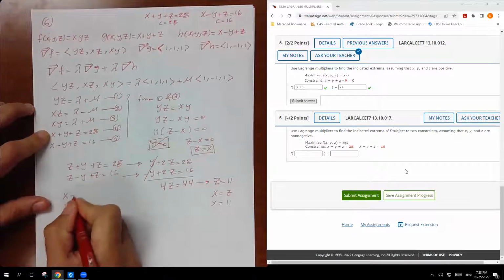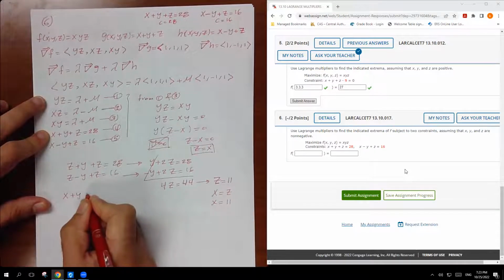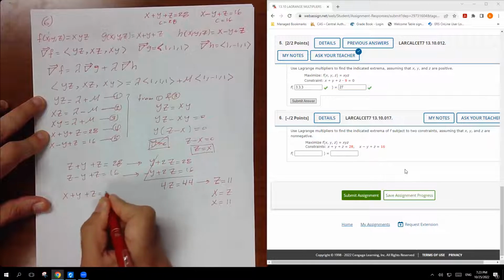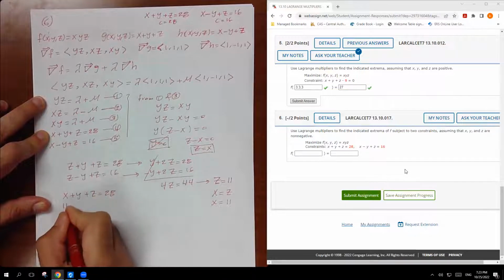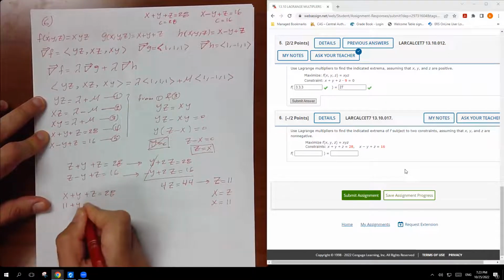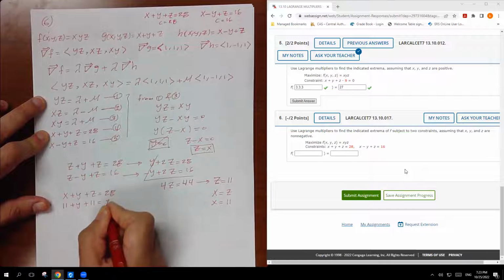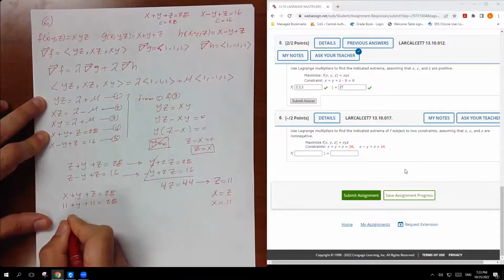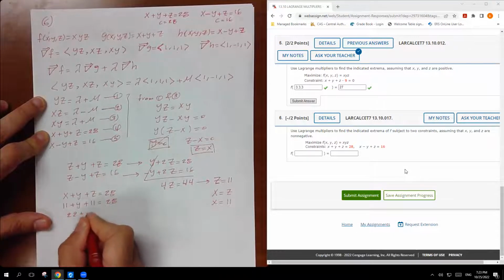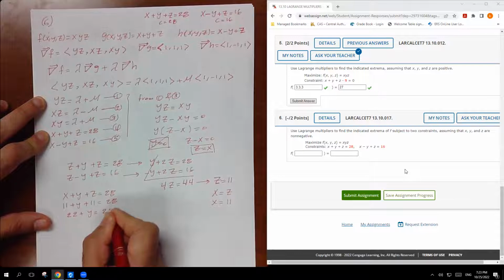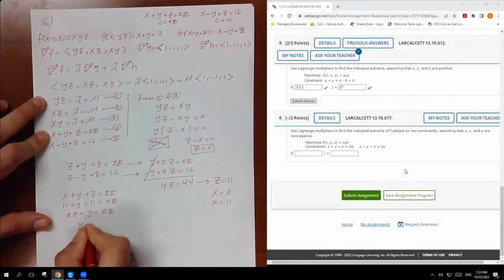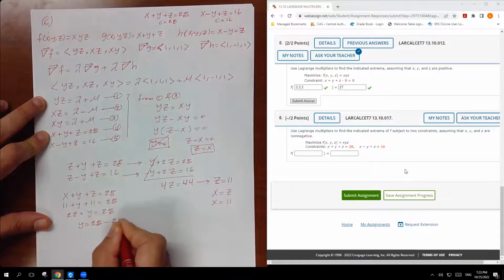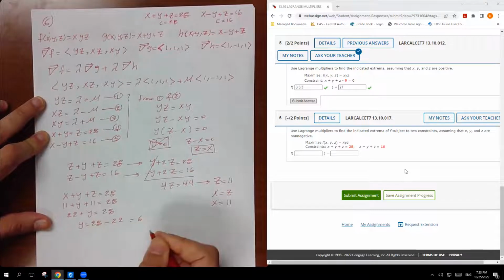That means x plus y plus z equal to 28. So 11 plus y plus 11 equal to 28. So 22 plus y equals 28. That means y is going to be 28 minus 22, which is equal to 6.